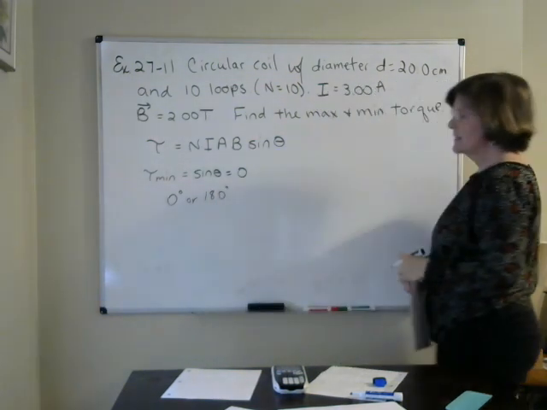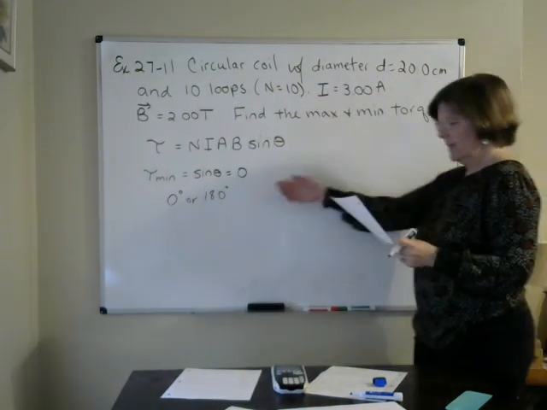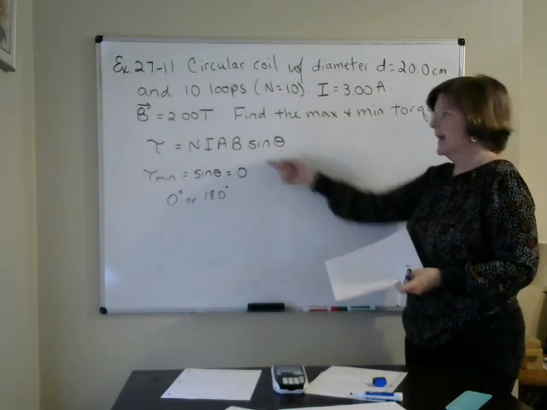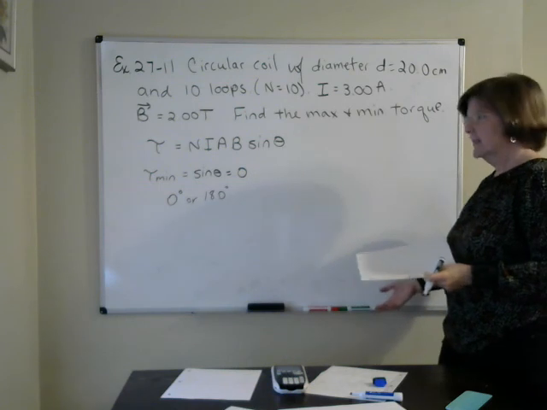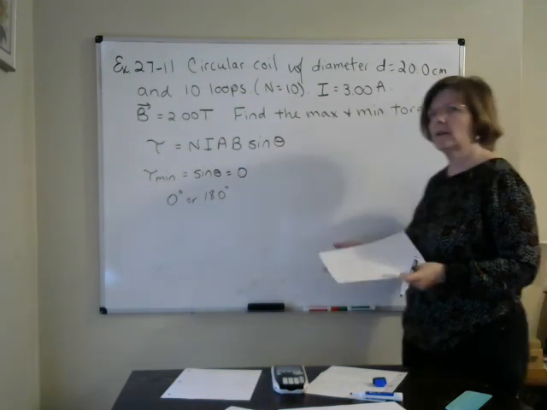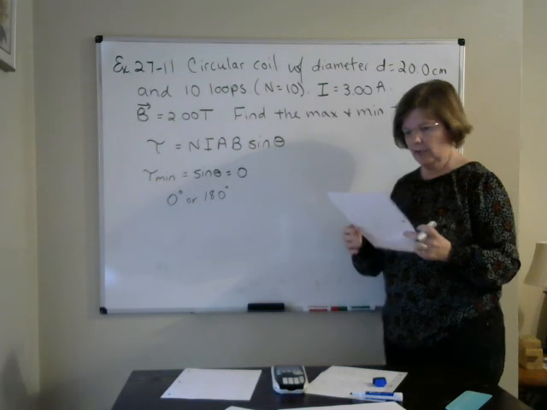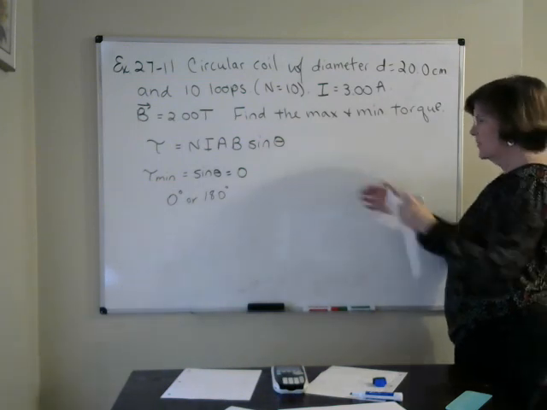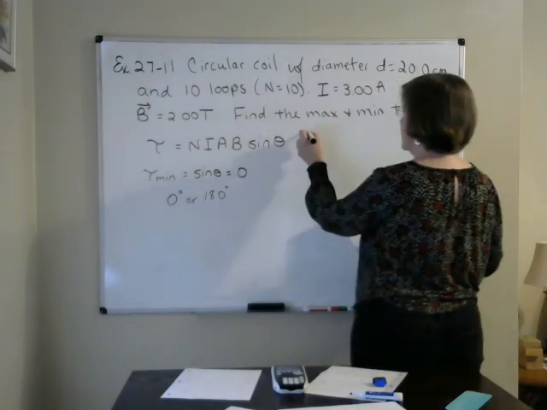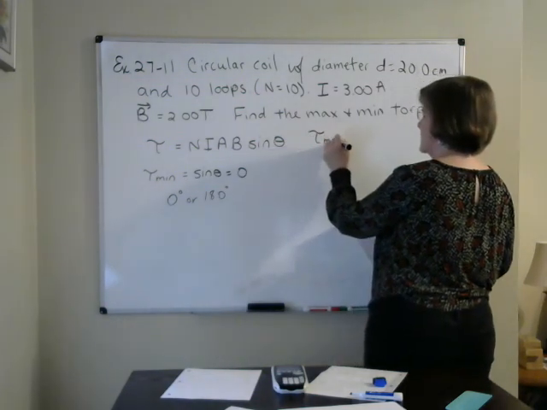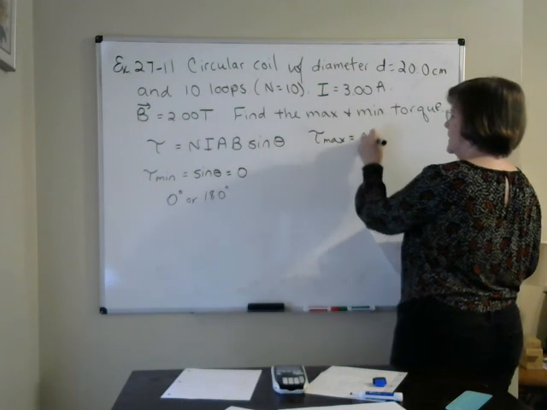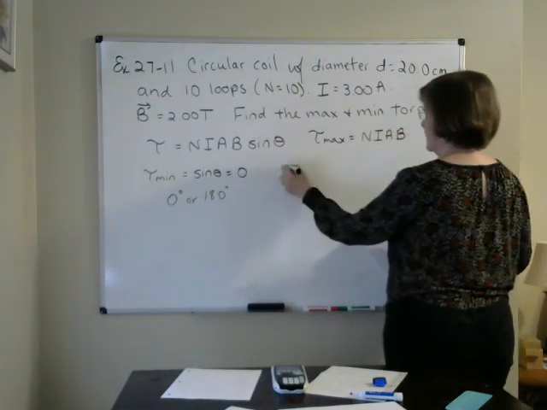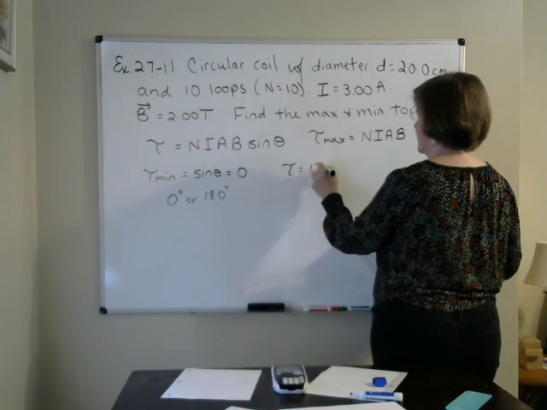Our maximum is going to happen when sine theta equals 1. Sine theta is going to equal 1 at 90 degrees. The magnitude of torque will also be the same at 270 degrees. It'll just be a directional difference. So let's go with the maximum torque when sine theta equals 1 is NIAB. That's 10 loops.